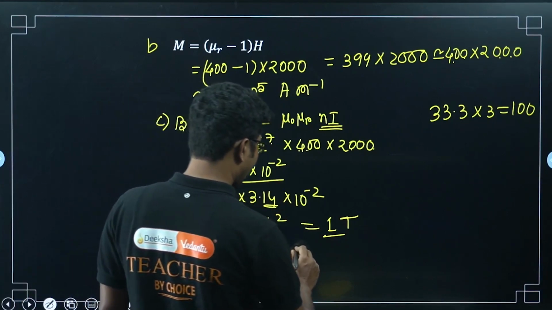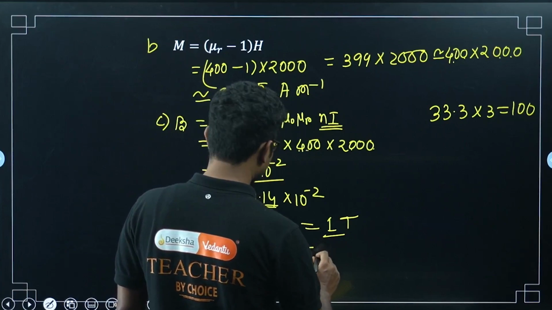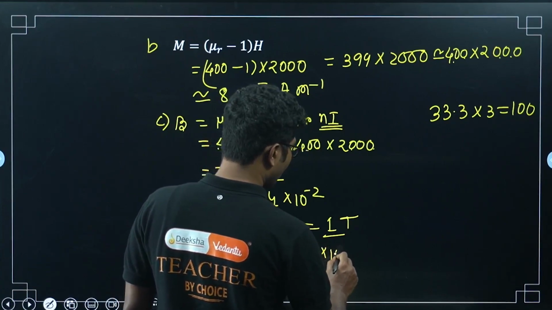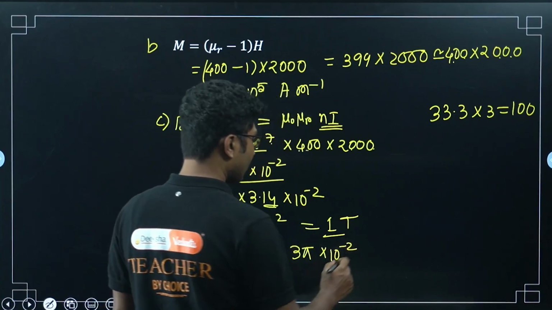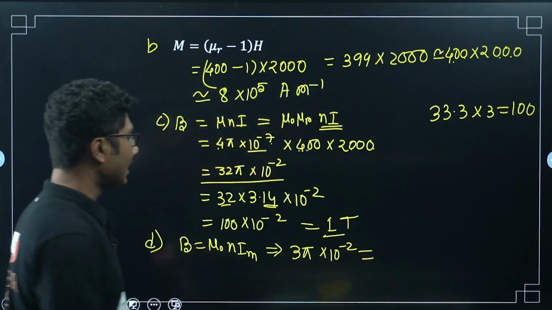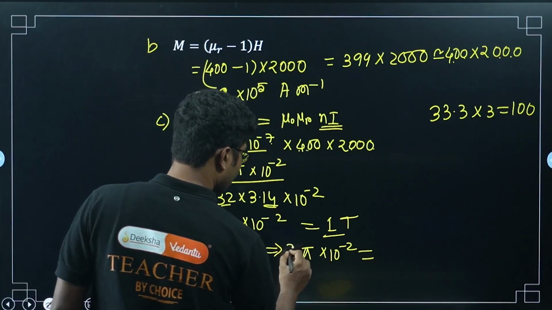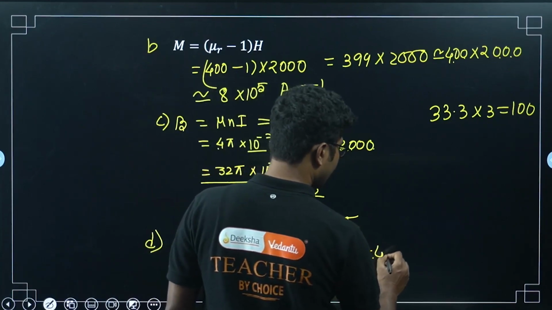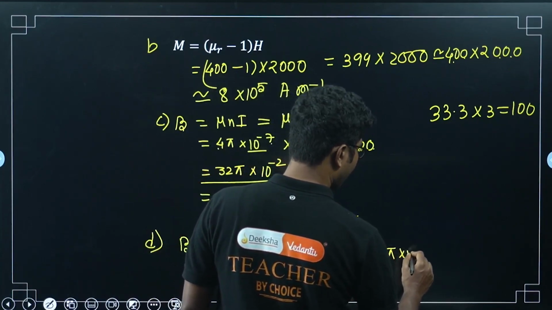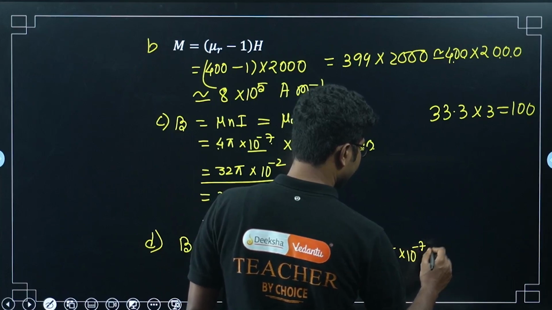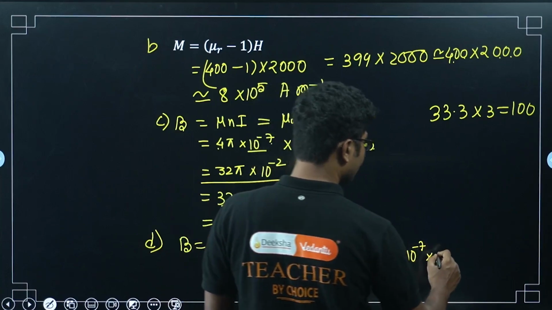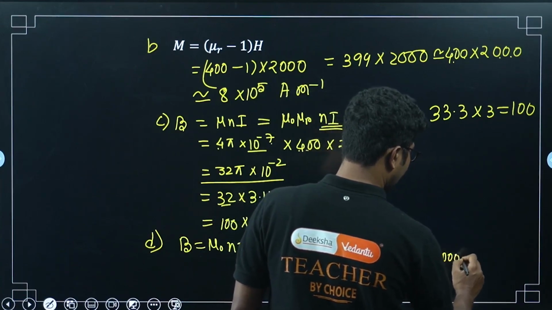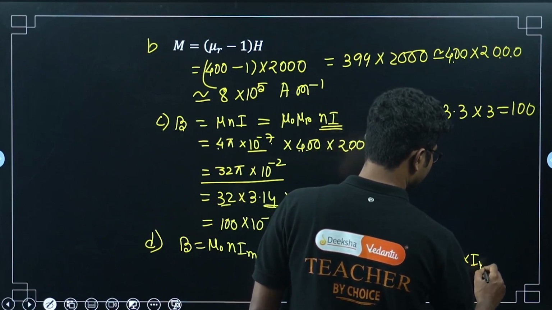I will use that value so that pi cancels. We do not need to go down to that calculation level. So this is the magnetic field, 32 pi. Now mu naught is 4 pi times 10 to the power of minus 7, N is 1000, and we are trying to find this magnetization current.